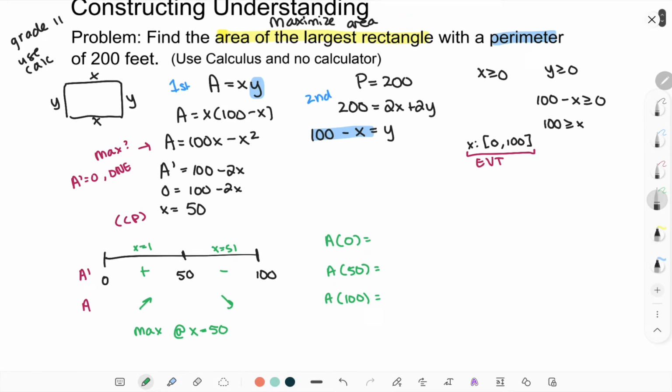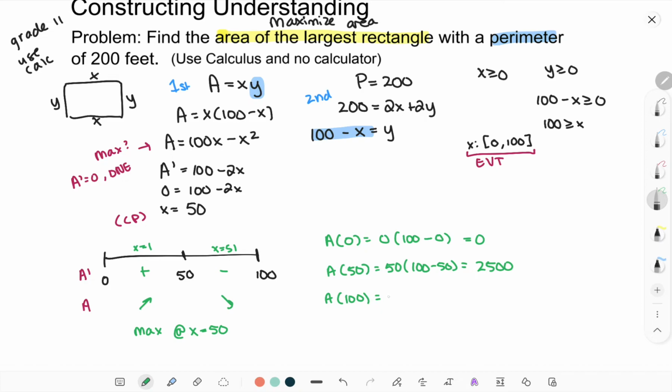Well, when I plug 0 into A, it's 0 times 100 is 0. 50 into A, right? I'll show you what I'm writing out. x times 100 minus x. I'm going to go into the factored form here just because it's a little cleaner to work with. Do the math a little quicker. When x is 50, 50 times 100 minus 50 is 50 times 50 is 2,500.